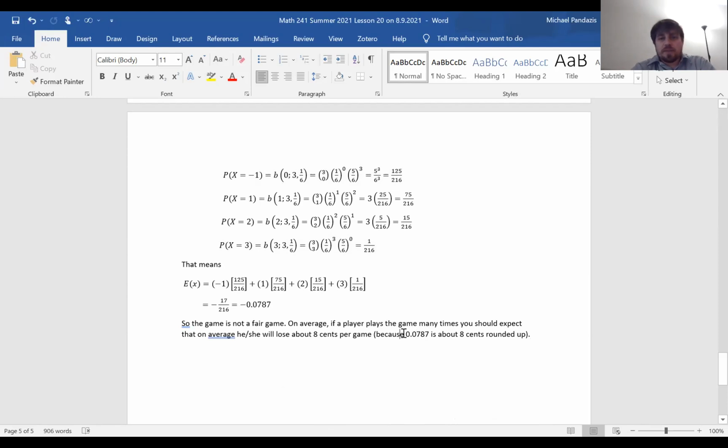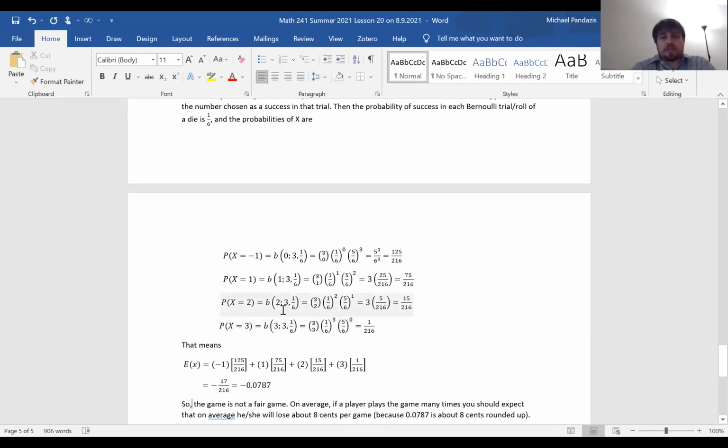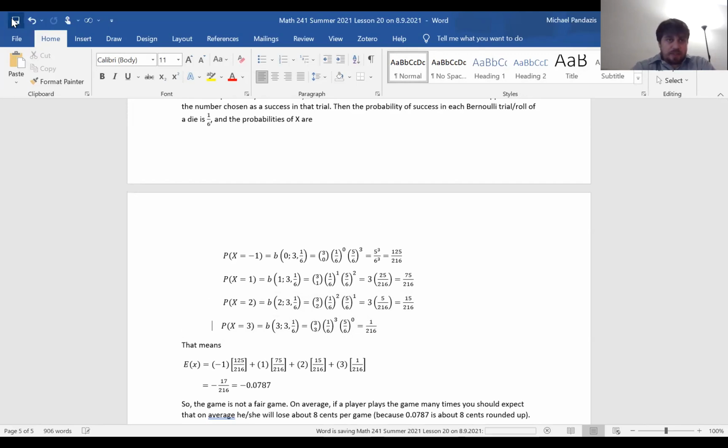So this is really close to 8 cents rounded up. Okay, so the game is not fair. It looks like it might actually be in your favor with these rules, but then when you do the expected value, it turns out that the player is at a disadvantage, which is what most games are usually like.